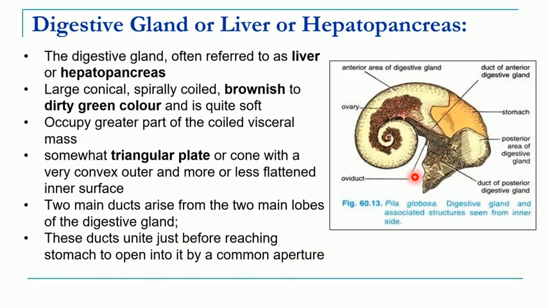The secretions produced by the digestive gland are given to the stomach, so the two ducts unite at a place just before reaching the stomach.